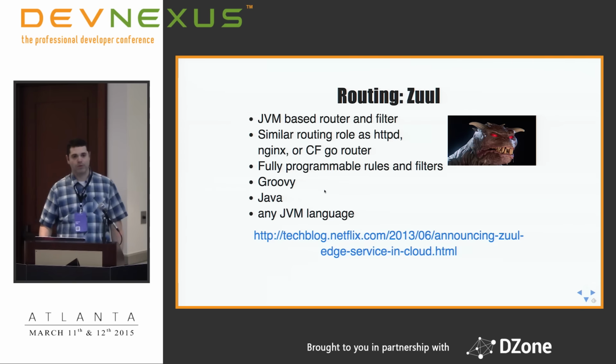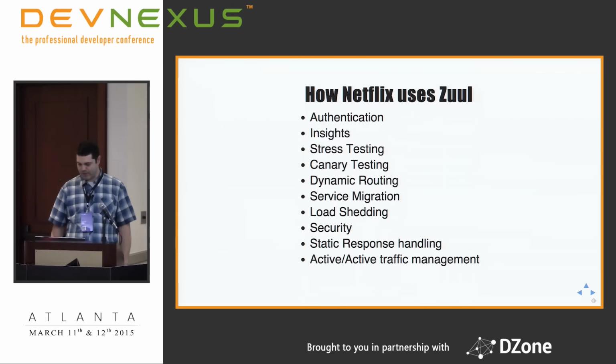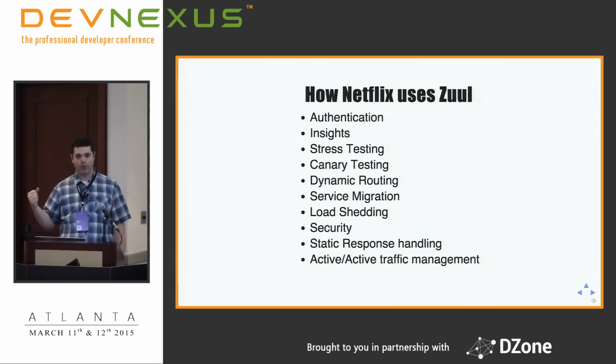I do hope to be able to, the way they run Zuul, these are some of the things that they use Zuul for. When they run it, they dynamically load the filters. They poll a Cassandra database. And they just recently open sourced their dynamic script pipeline.